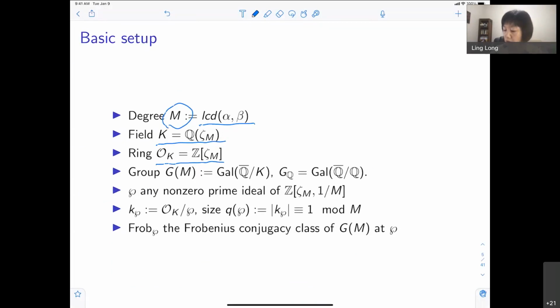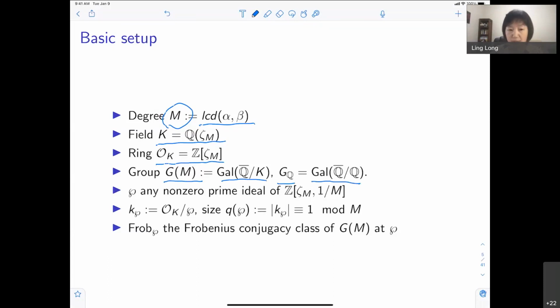And we are going to denote G_Q to be the absolute Galois group. And for our convenience, we're going to denote, in this case, K the cyclotomic field. We use G_M to denote the corresponding Galois group.